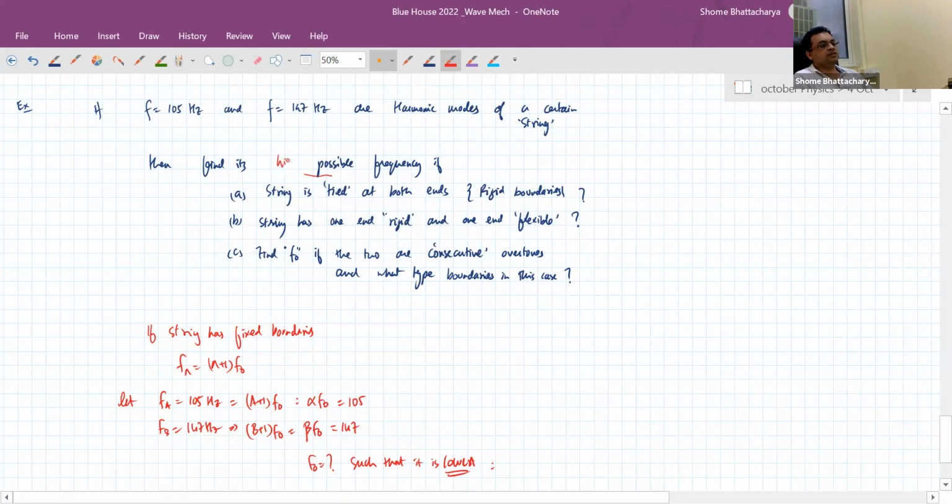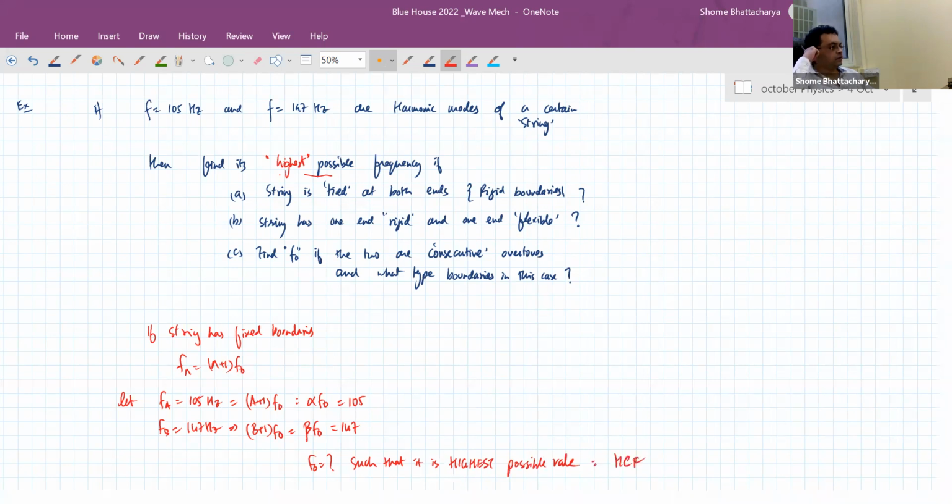Because frequency can even be a fraction, no? So if it is the highest possible value, then it is the HCF, highest common factor. Okay, Jagannath, let's understand this.